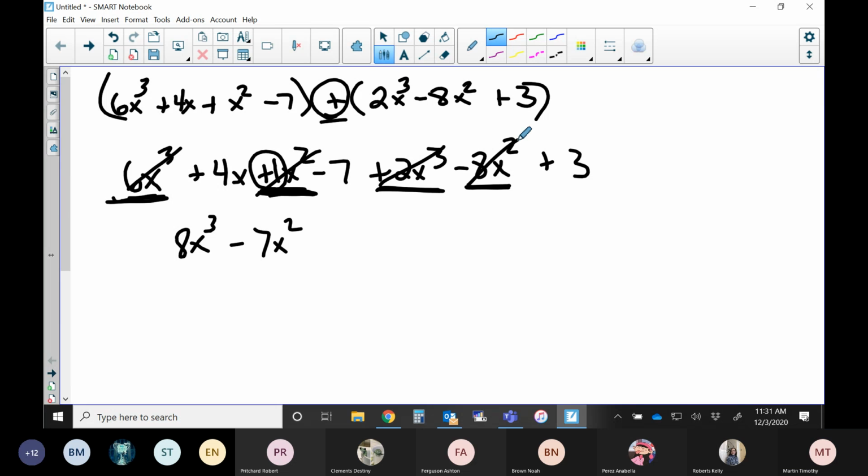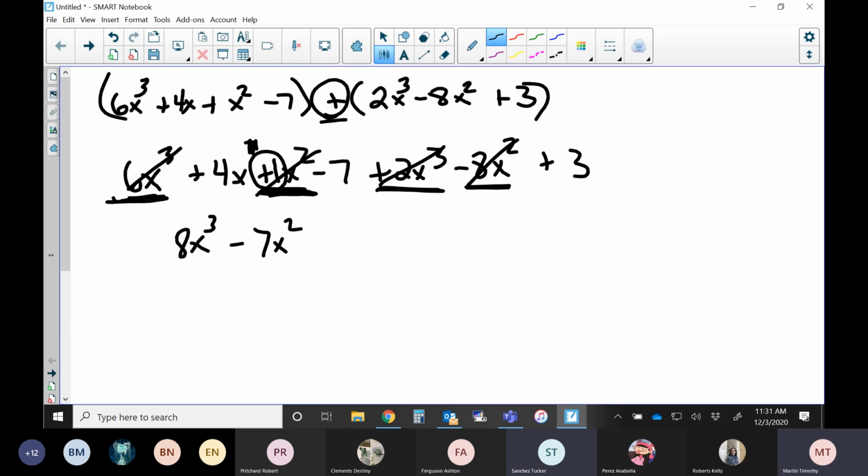Tucker, what would be the next thing I'd write? 1x. Where do you see the 1x? I meant the 4x. Okay, so you meant the x to the first power.